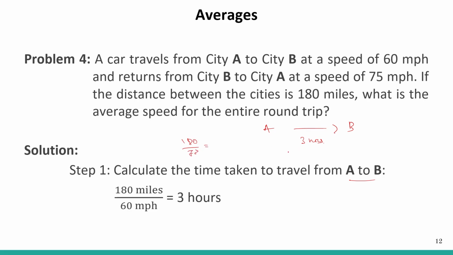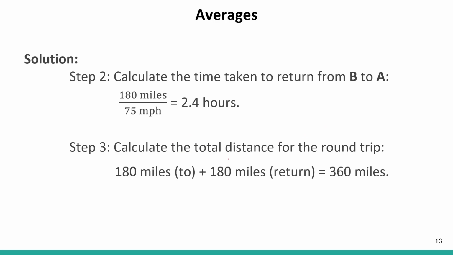So returning will take, so it will be 15 and this will be 36. So 5 and 12. So 12 by 5 hours, that is equal to 2.4 hours. So from B to A, it took 2.4 hours.